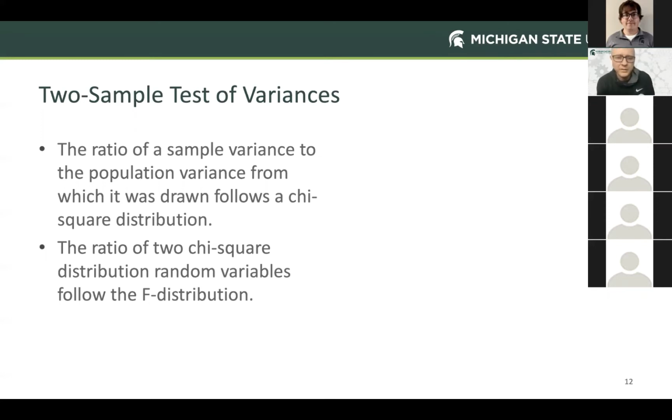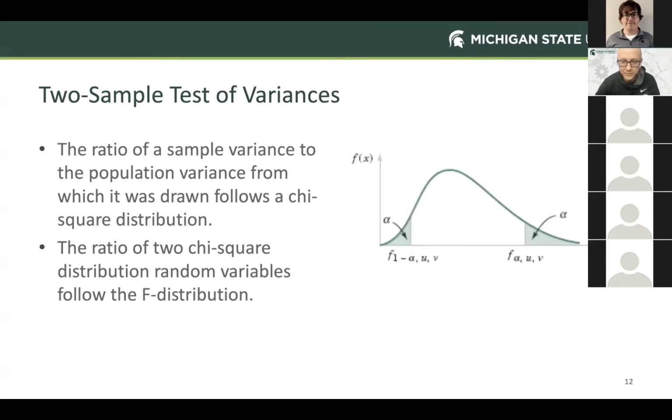To that end, we've established previously that if we take the ratio of the sample variance to its population variance, that follows a chi-square distribution. And likewise, if we compare the ratio of one chi-square distributed variable to another, in this case comparing one sample variance to another, then that resulting ratio would follow the F distribution.